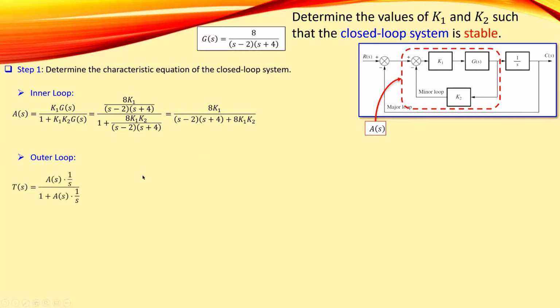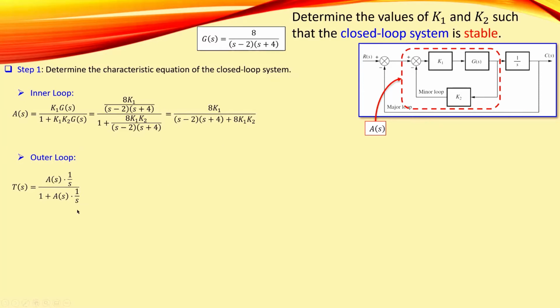So what I have now, the total transfer function, which is now called T(s), is again the same formula of Mason, which is A(s) in cascade with the integrator, so which is the forward path, A(s) times 1 over s, divided by 1 plus a loop gain, which is again A(s) times 1 over s times 1, which is just the unity gain feedback.